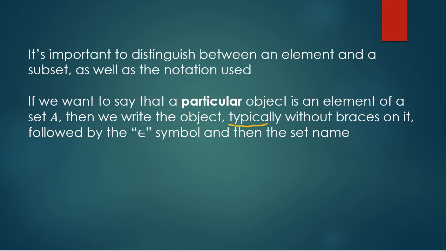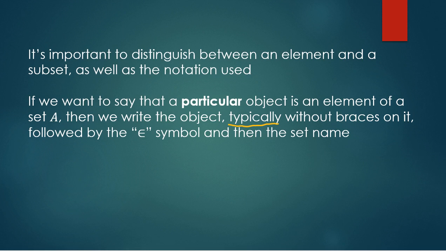Now I'm going to underline that word typically, because 99% of the time, when you say that something is an element of a set, you're not going to be putting the set brackets or the squiggly brackets on that element.